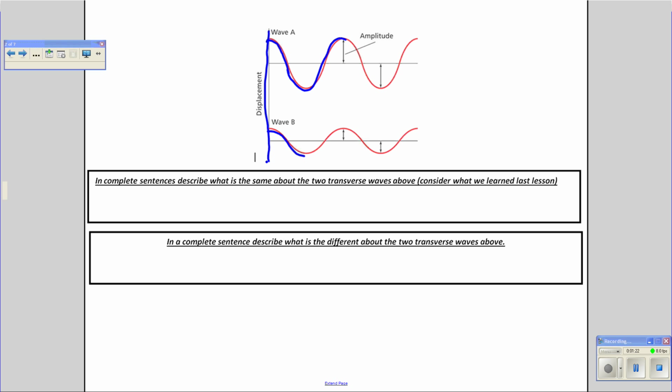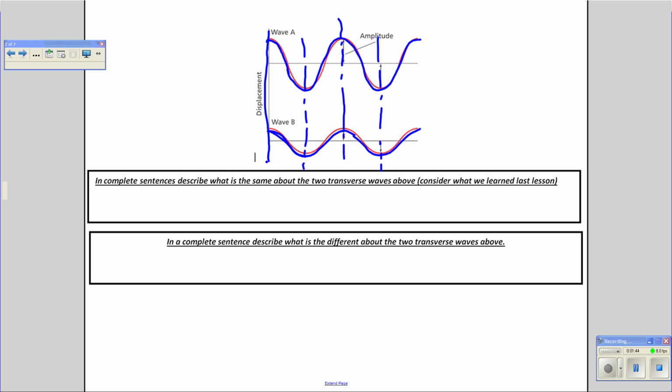Now, if we compare the pattern of the wave, they both start really high and they get low at the same point. And they get high at the same point. And they get low at the same point. Okay?